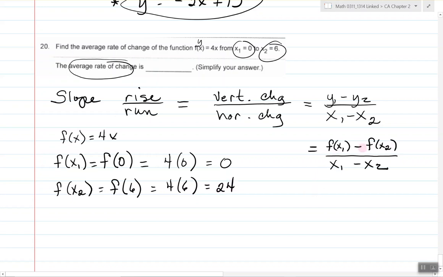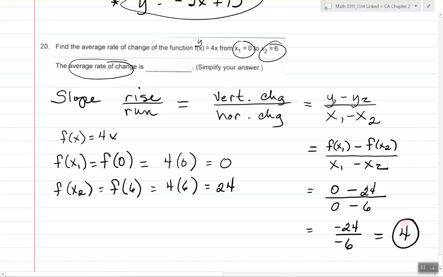Now I could finish this formula for slope and say f of x1 is 0, that's the first y value, minus the second y value, which is 24, over the first x value, which is 0, minus the second x value, which is 6. This is -24 over -6, which is 4.